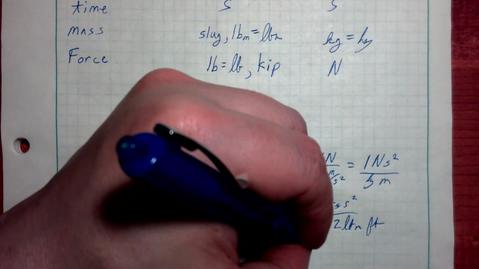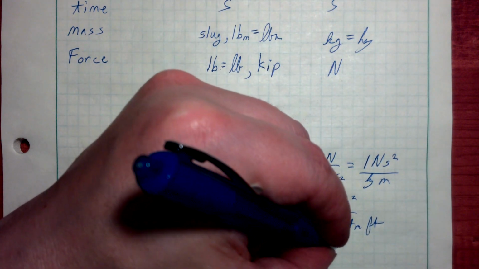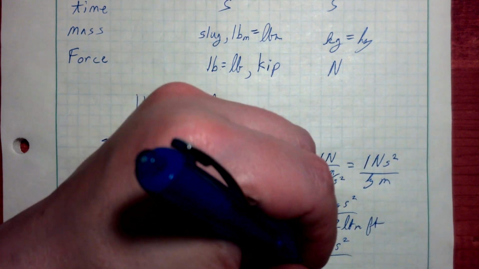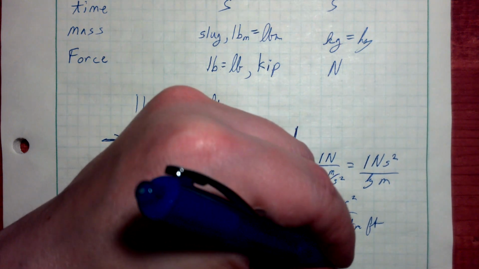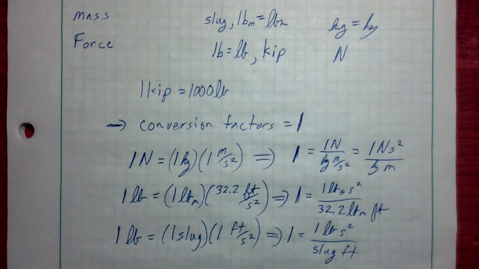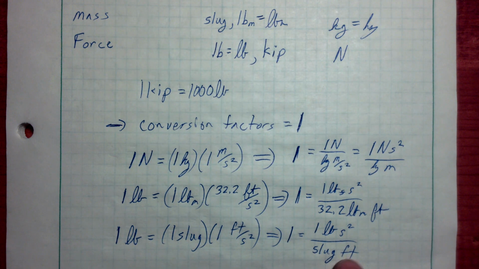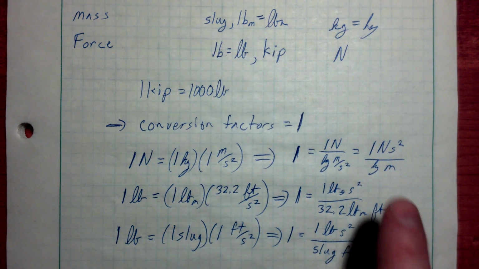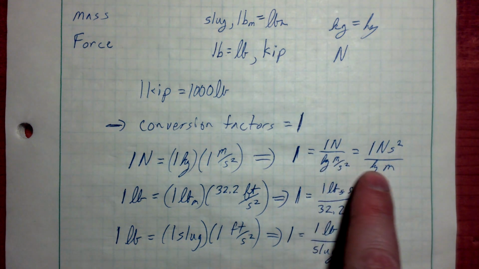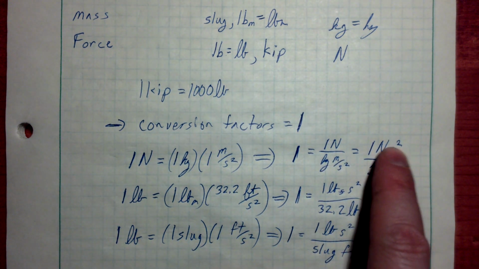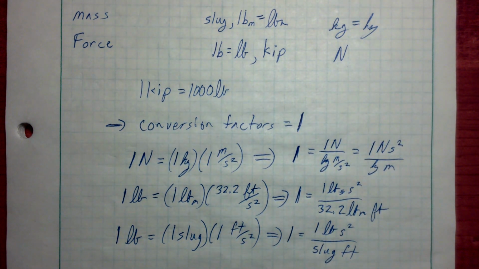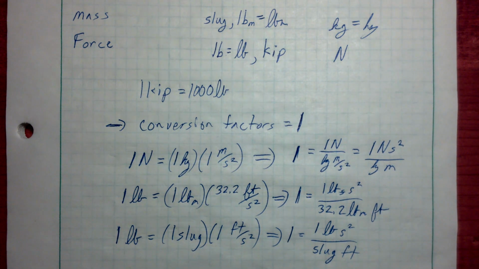Meaning the conversion factor would be 1 pound second squared for every slug foot. So if I have a collection of slugs, feet, and seconds, then it's a 1-to-1 conversion to pound. Just like if I've got a collection of kilograms, meters, and seconds, I can apply this conversion factor, get rid of the kilograms, go to newtons, and just figure out what happens with the meters and seconds.